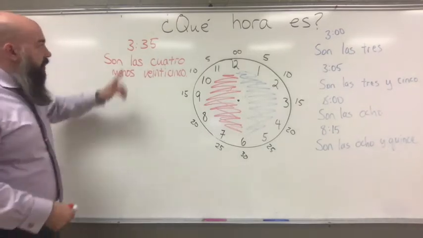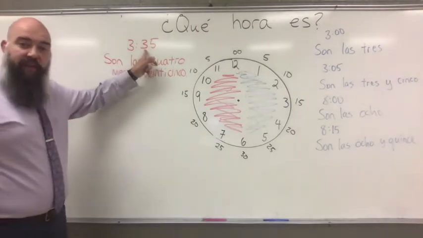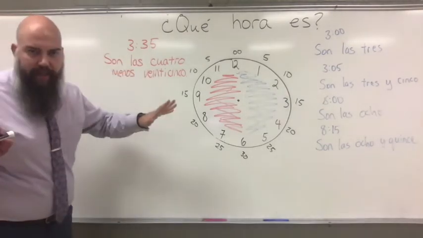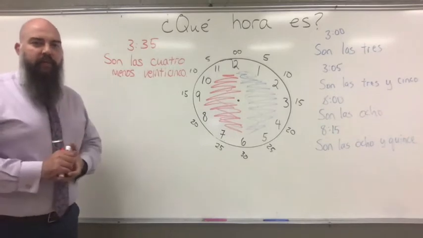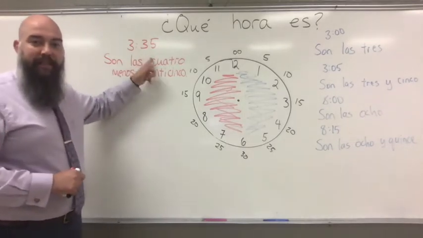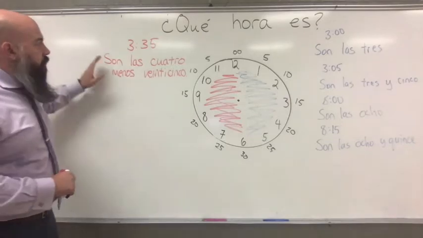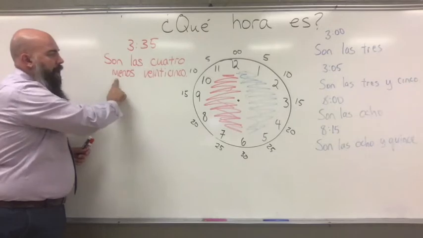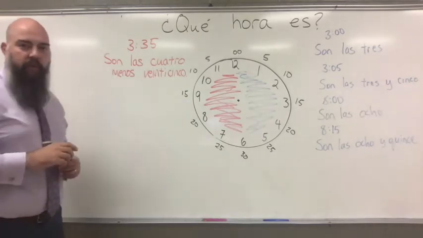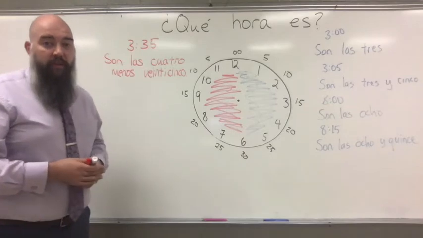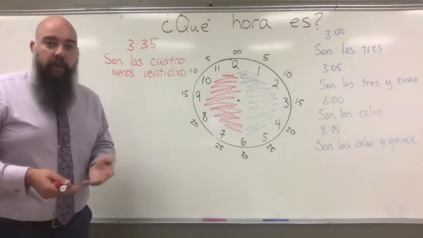And they gave you the till phrase, it's 25 minutes till 4. So that's what we're saying here. It is 4 minus 25, or 25 minutes till 4.